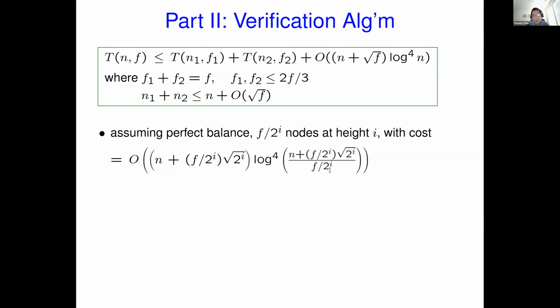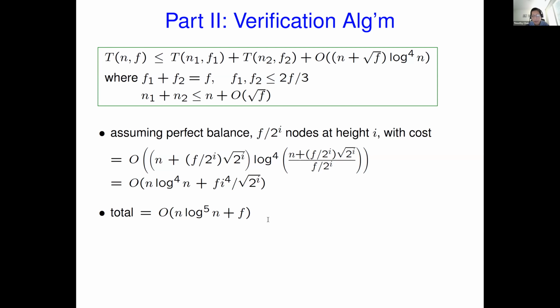Okay. And the important thing to note is that we're taking polylog of something that is exponential in i. So the polylog actually becomes polynomial in i. So when you sum over all i, you indeed get a geometric series, so only a constant factor blow-up in the second term.